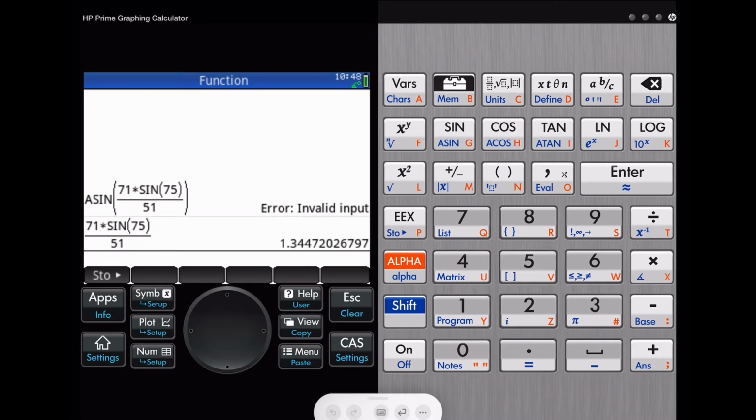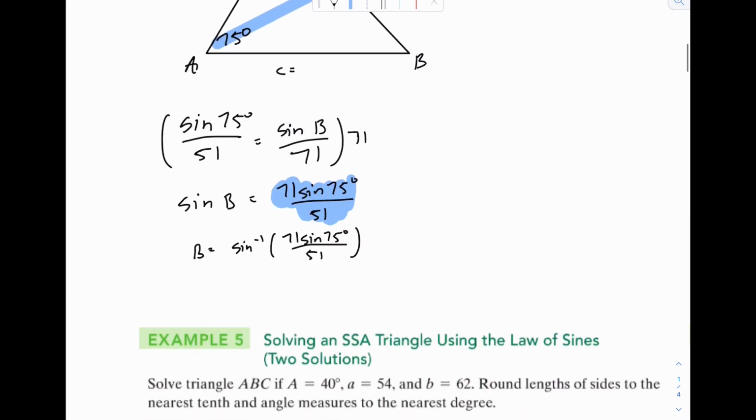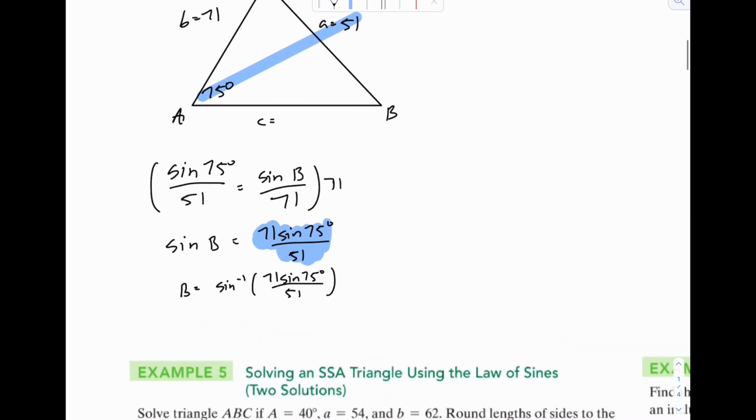That's 1.34. So on the side, I'm going to write sine of B is 1.34. And that's a problem because sine of B is greater than 1, and we know that can't ever happen. So our conclusion is there is no solution.